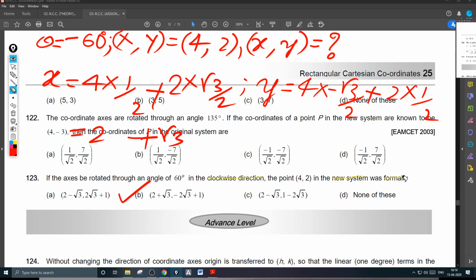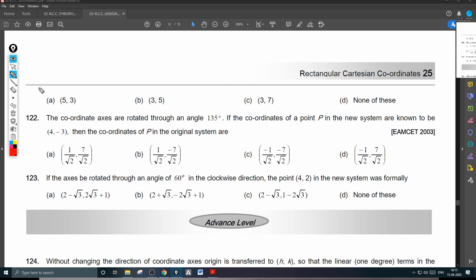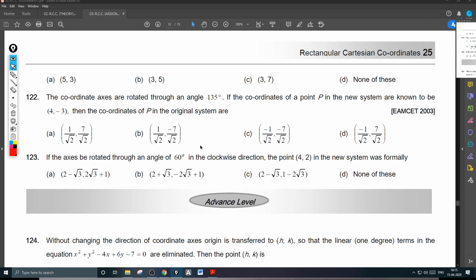So 1 plus 2, so try straight question, please. 1 minus 2 root 3. So B is the answer. Yes, you are right, sir. I wrote wrong. Cos 60 is 1 by 2, I wrote 1 by root 2. That's correct. So this is answer B. Straight application. Now let's go to the next one.